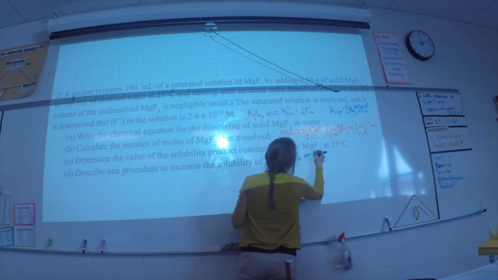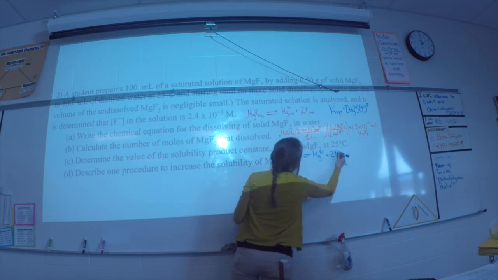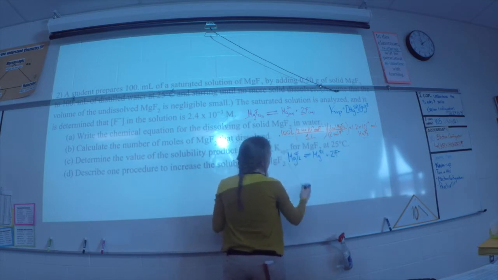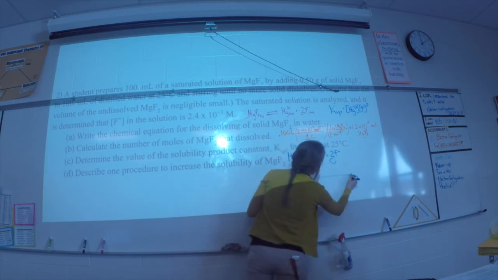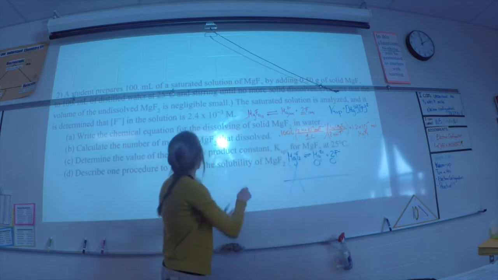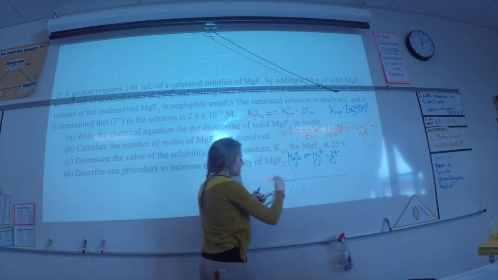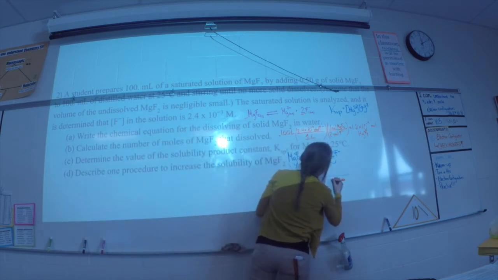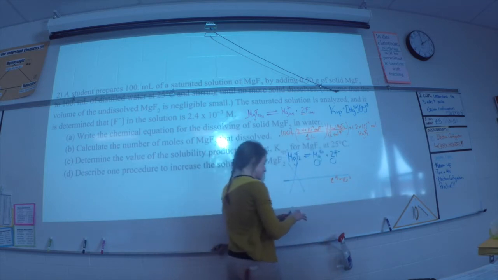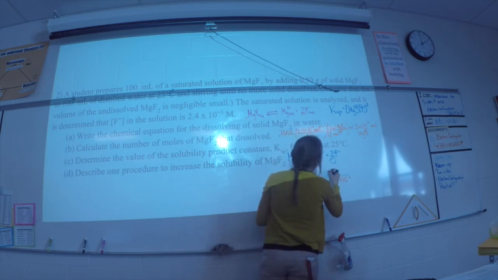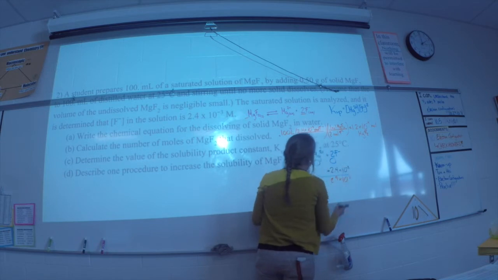So we have MgF2, which doesn't matter the whole time. These were 0. I already know at equilibrium the value of F- is 2.4 times 10 to the negative 3, which means the change had to have been plus 2.4 times 10 to the negative 3.